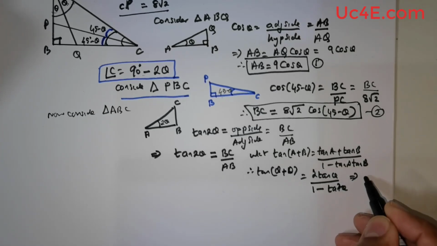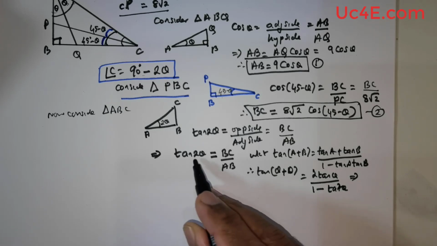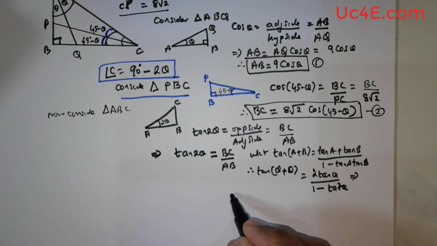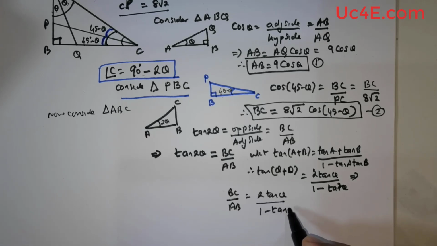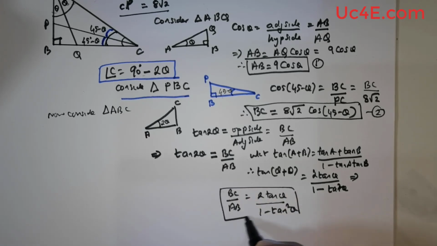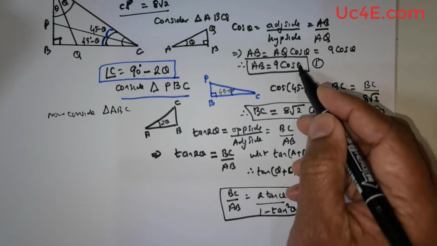So in place of tan 2 theta, BC divided by AB is equal to 2 times tan theta divided by 1 minus tan squared theta. So this is going to be my 3. Now I have 2, I have 1.